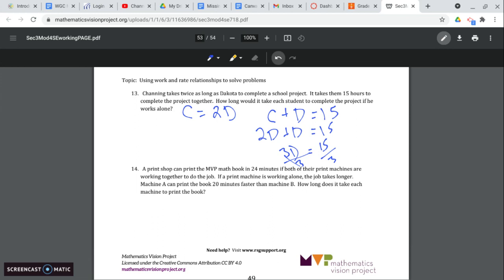So we end up with D equals 5. That tells us that C equals 2 times 5, so C equals 10.